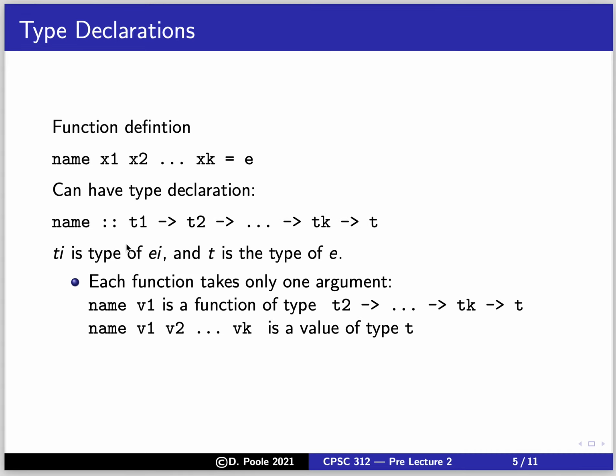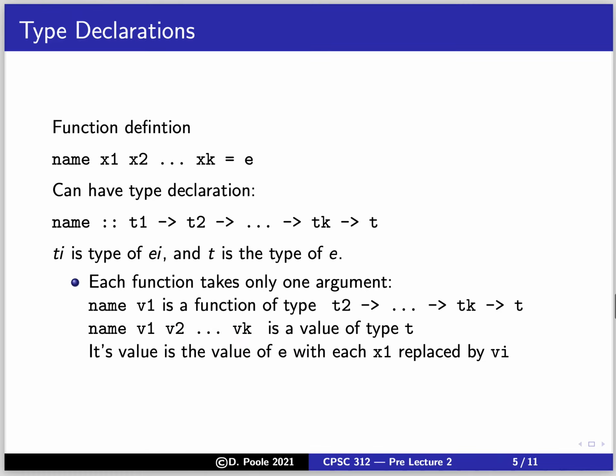Now if you assign all of them, it's a value of type t. Okay, and the value is the value of e with each xi replaced by this vi. So when we assign all of them, we end up with the value of e, but with each xi replaced with vi.